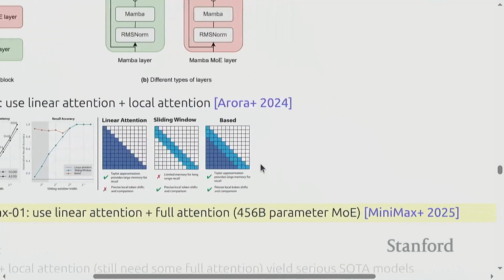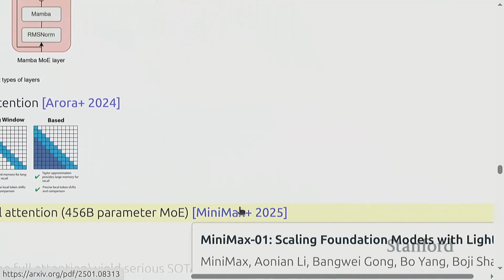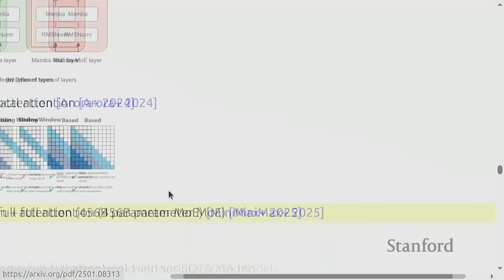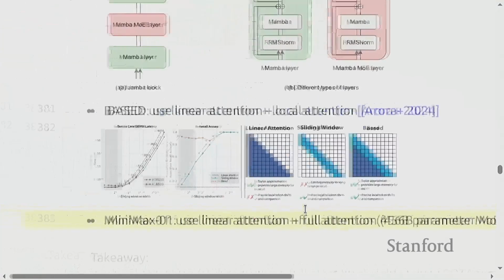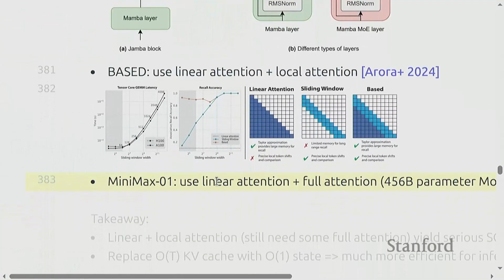There's this organization called Minimax that's training pretty legitimate models, up to 456 billion parameter MOEs. And they use this linear attention idea. Now they still have to use full attention once in a while, it seems.